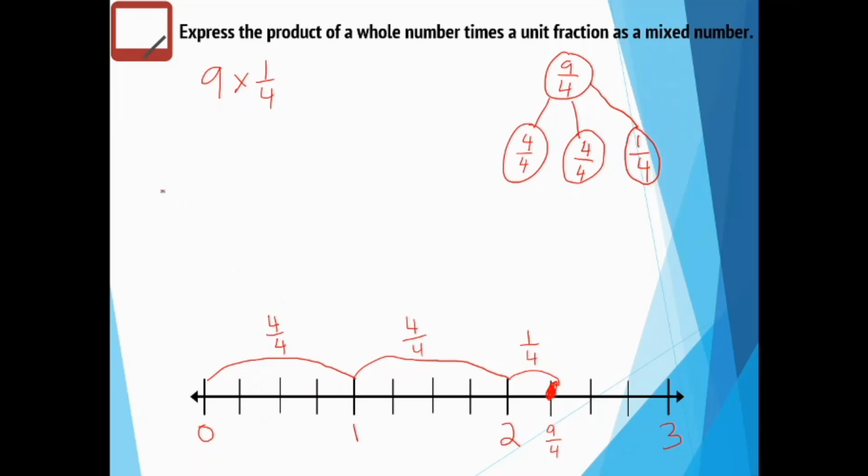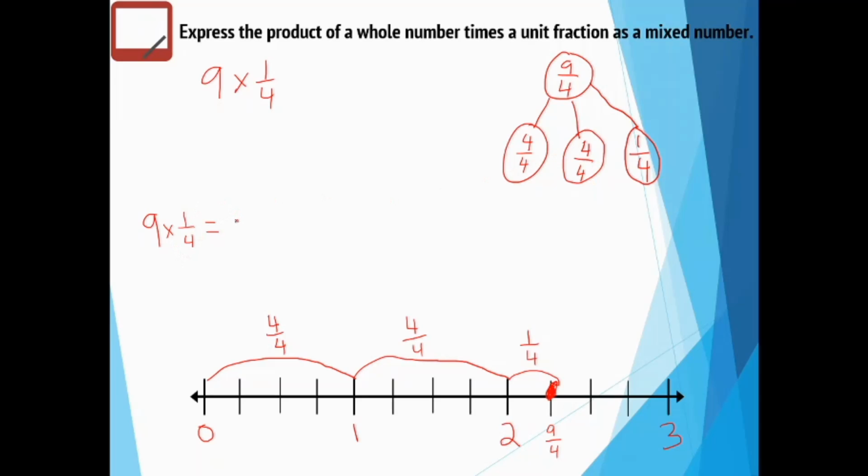Now, let's talk about how we can write this, showing the way we've been renaming things and showing you the different ways to write it. So we start off with 9 times 1/4, which equals, what we said over here was we have 2 groups of 4/4, right?